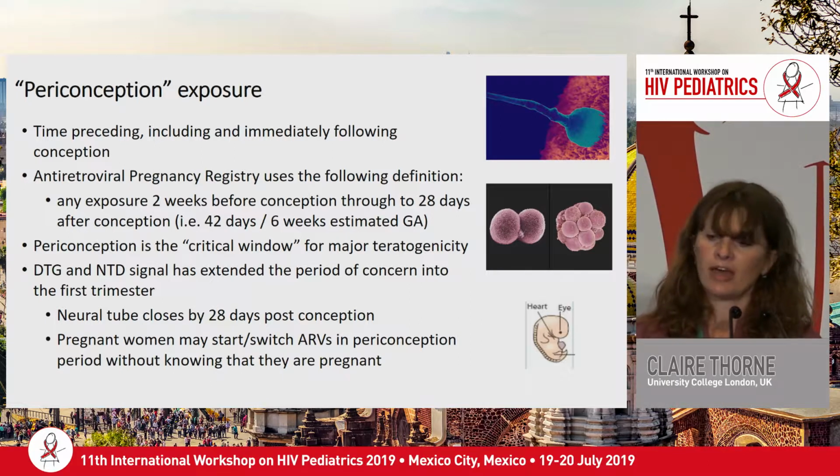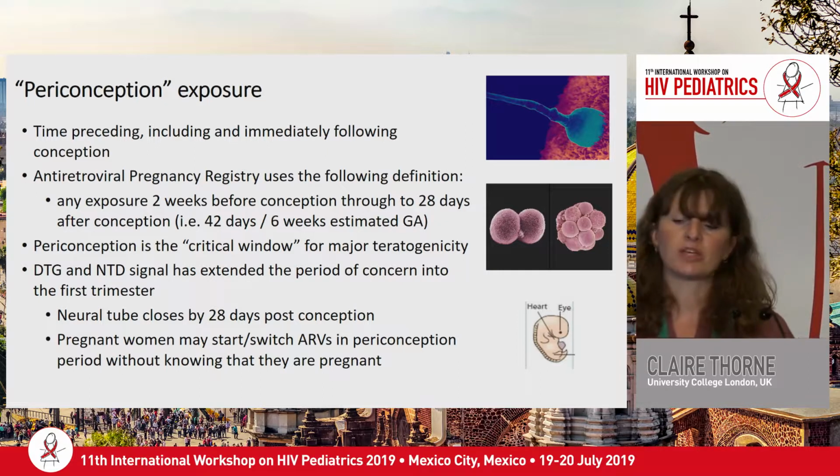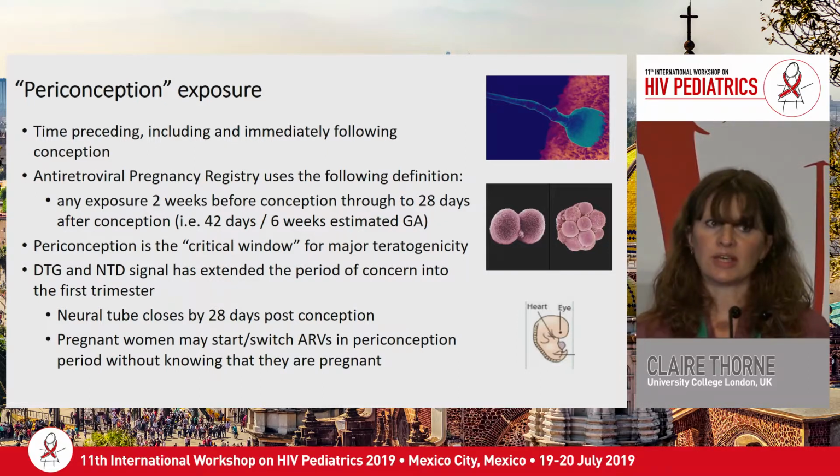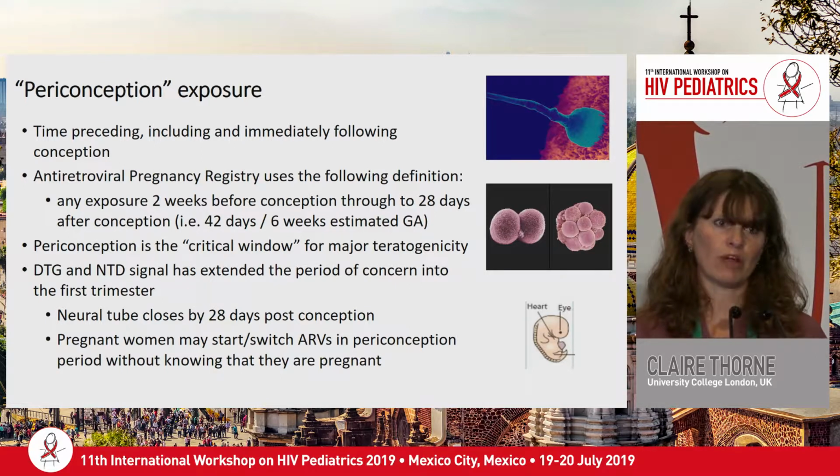And the Dolutegravir and neural tube defect signal has extended the period of concern with respect to ARVs into the first trimester, because the neural tube closes by 28 days post-conception, and because pregnant women may start or switch ARVs in the periconception period without knowing that they're pregnant.